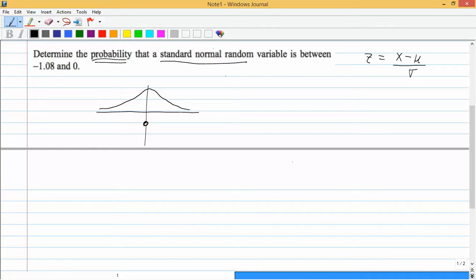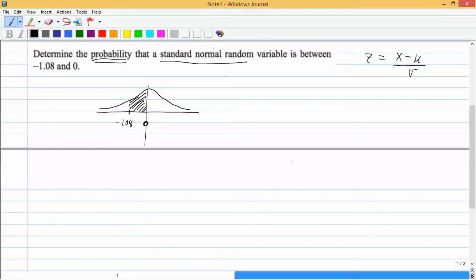And then a negative z-score is always to the left of 0, just like on the number line, where we have positive numbers to the right and negative numbers to the left. It's the same with z-scores. So somewhere out here I have a value of negative 1.08. Now I want to figure out the area between these two values. So I'm trying to figure out this area here. Now like I said, there are several ways to get that answer.